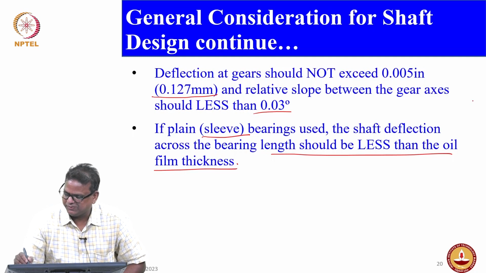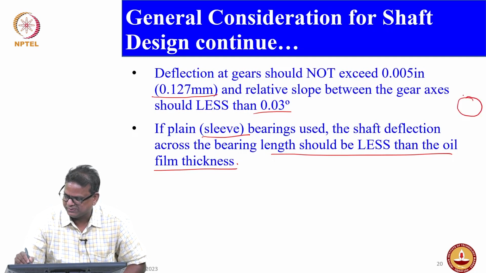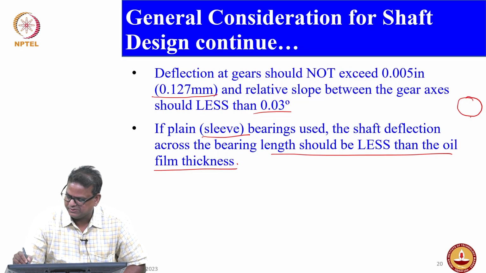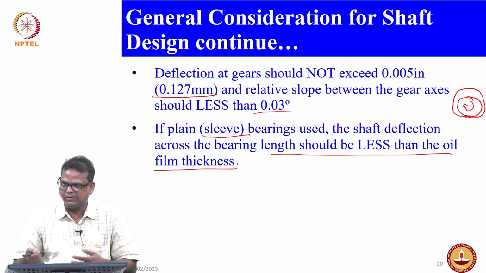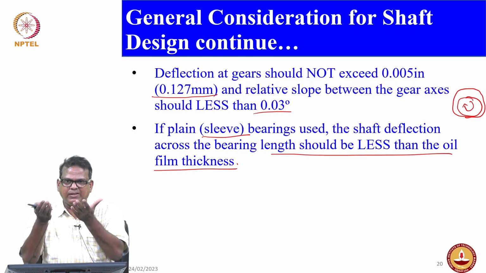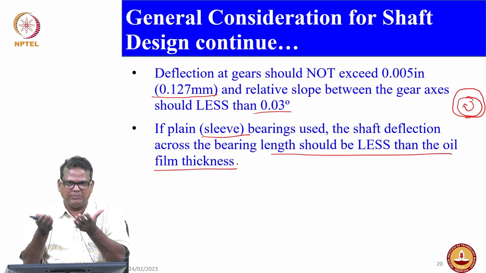So, you have a shaft, right? Assuming this is the shaft, then there is a ring that also comes into the picture. By rotation, due to the squeezing action, the film will develop pressure and lift the entire shaft. That is nothing but the hydrodynamic effect.